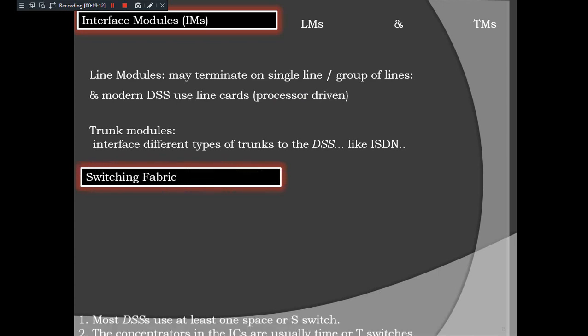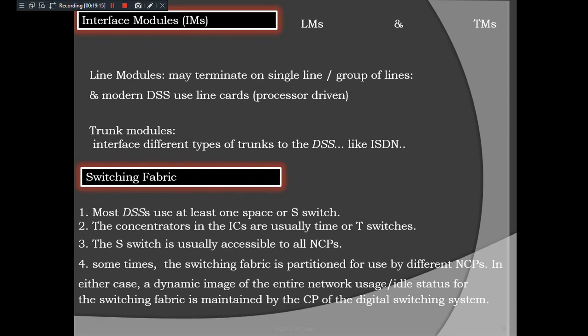Next we'll come across the switching fabric. So let us see some of its functions here. Most DSS use at least one space or S switch. That is the switching fabric. It is also known as a space switch, that we already know, because it contains a lot of cross points, or you can say switches.